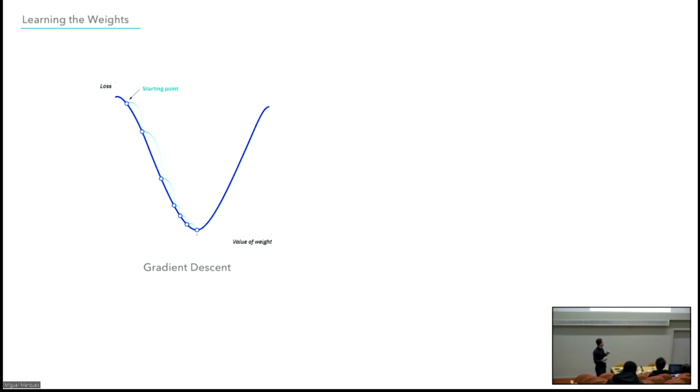Since we are here, in this case, measuring errors or costs or loss, as it's usually called in neural networks, we want to minimize that error or that loss. So we want to find the smallest value of that function. Of course, we don't know the shape of the function. We are moving in the dark, let's say.